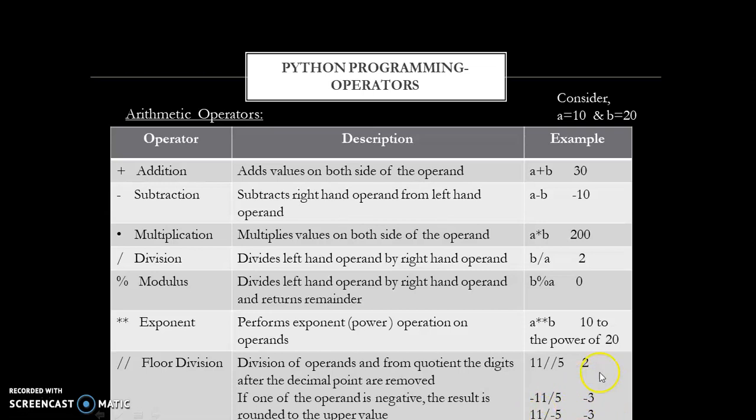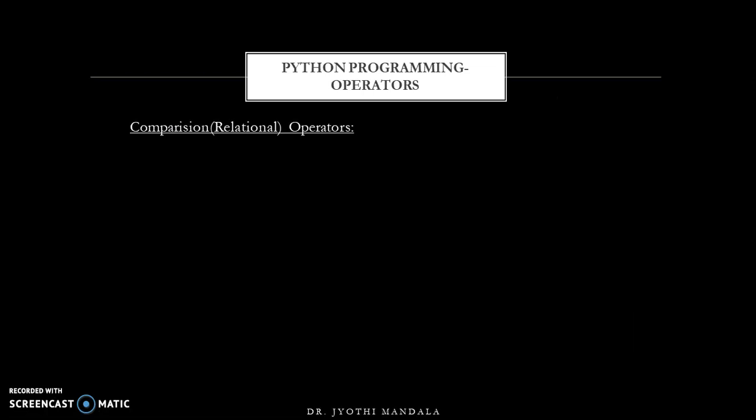Similarly, here also, we are taking the same values, but here it is a negative value, here it is a positive value. Here you got 2, but here we'll get minus 3. Why? Because if one of the operands is negative, the result will be rounded. So this is about floor division. These are the operators available as part of arithmetic operators.